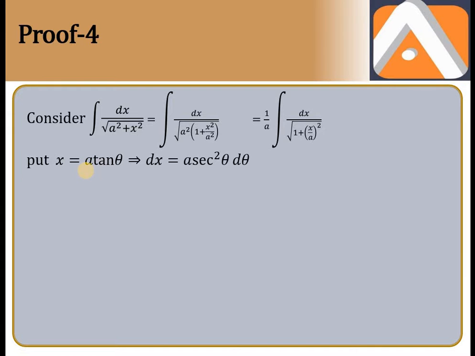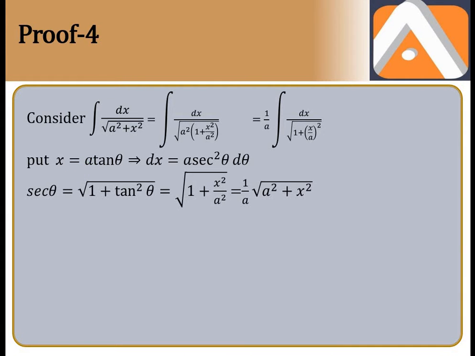Now replace all these values. See here, sec theta can be written as under root of 1 plus tan square theta, and tan square theta value is x square upon a square. So this is 1 upon a; if you take LCM, 1 upon a into under root of a square plus x square. I am writing this because in the answer you are going to replace this value.